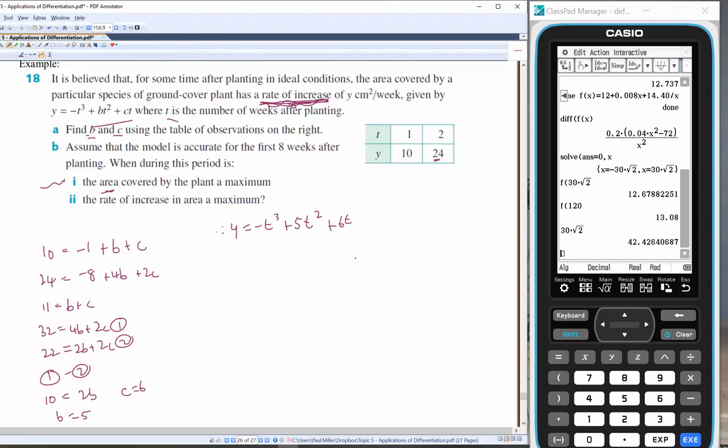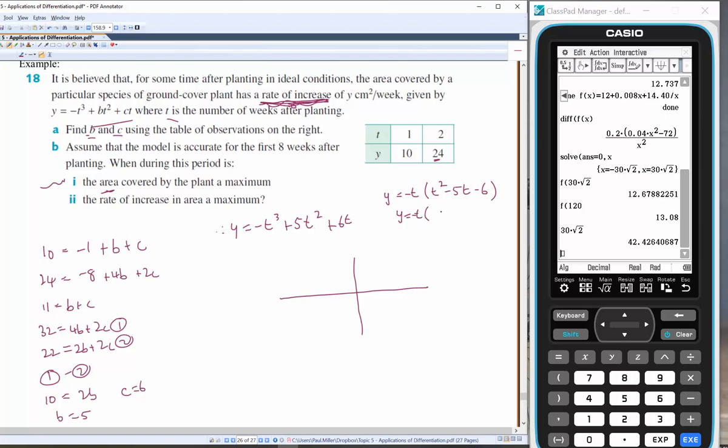So let's have a think about how this works. So we're going to go y equals negative t cubed plus 5t squared plus 6t. That's going to be negative t, t squared, take 5t, take 6.